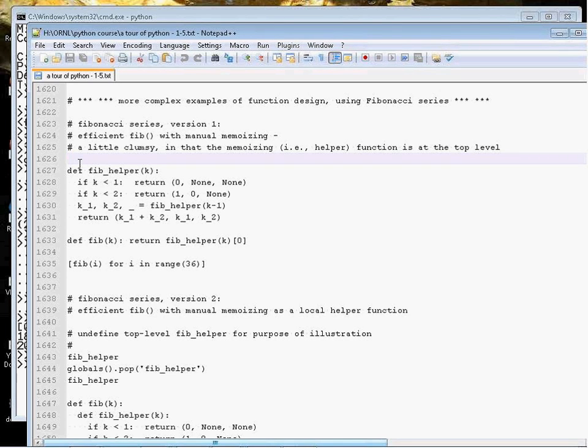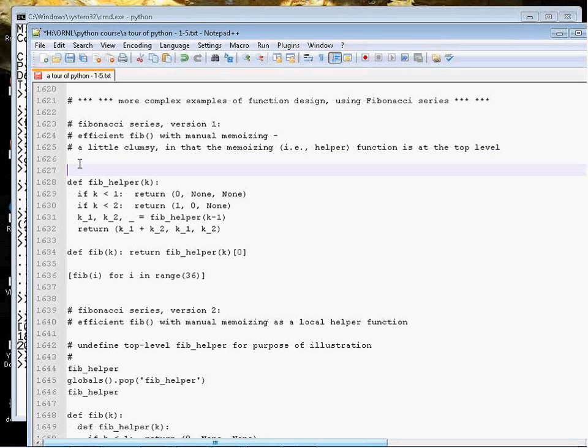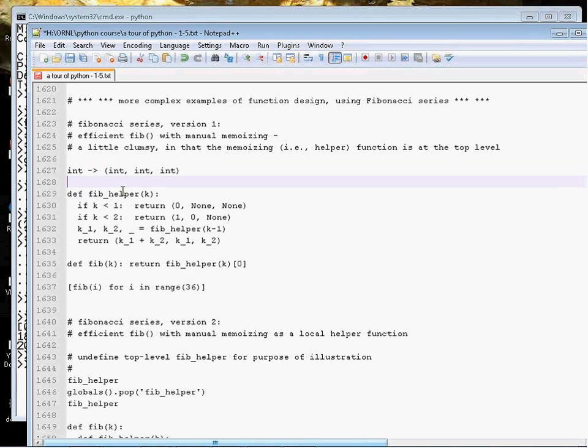As a signature, this Fibonacci helper function is integer to integer, integer, integer. You notice that each case of the Fibonacci helper function returns a triple. And the triple happens to be the current value of the Fibonacci series, the previous value, and the one before that.